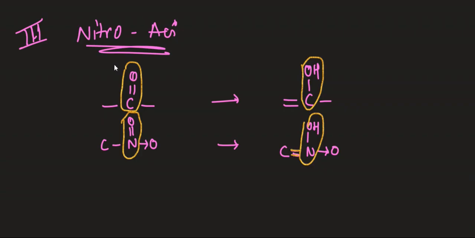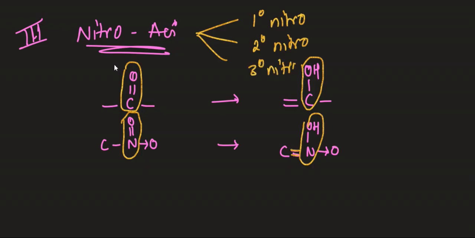Clear till here? Now who is eligible here? Primary nitro group, secondary nitro group, or tertiary nitro group? Which nitroalkanes are eligible? Only primary and secondary are eligible, not the tertiary.